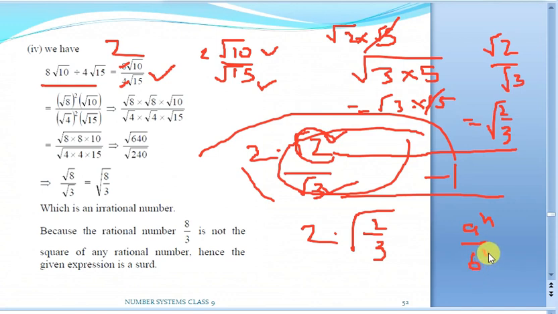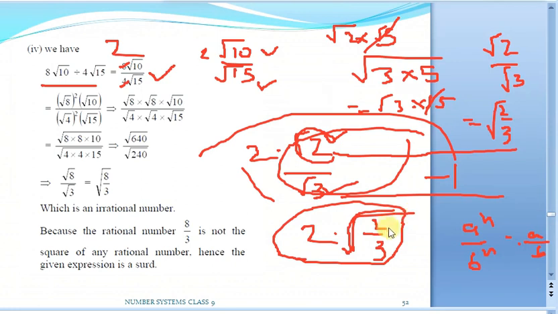Here n is 1 by 2, and here also n is 1 by 2, so I can write it as (a by b) whole power n. That is what I am doing. Even if you check with the general form, it is 2 times, no problem. Check this part: 2 by 3 is a rational number, under a square root, so our nth order will be 2 here. So it satisfies the definition of that particular standard form, and this entire thing turns out to be irrational.